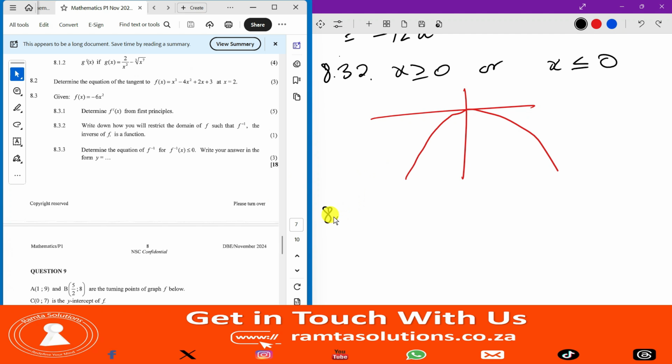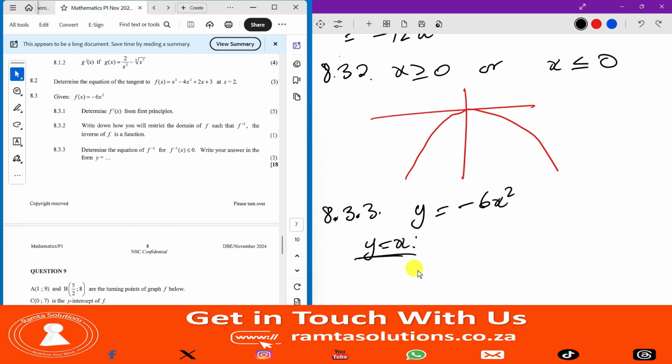8.3.3 says determine the equation of f inverse for which f inverse is less or equal to 0. Write your answer in the form whatever. So I will say y is equal to negative 6x squared. I like saying y equals x as an instruction, highlighting it.